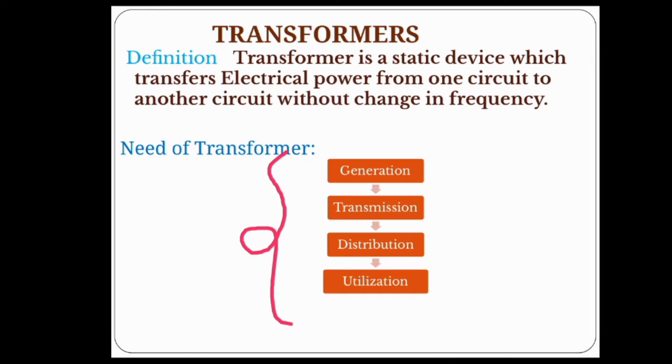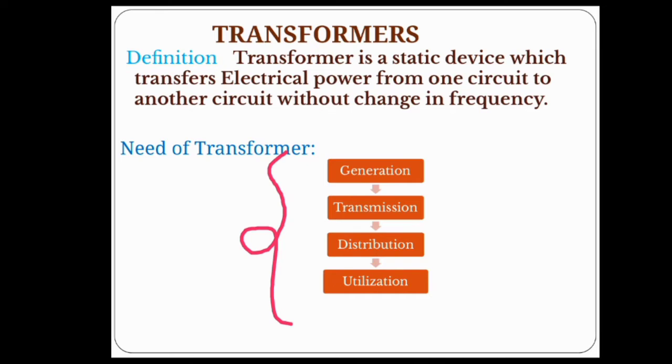The distribution network is nothing but what is nearer to the load centers. After that comes utilization, for example, in our home we are utilizing the power. So the total power system can be divided into these four parts: generation, transmission, distribution and utilization.